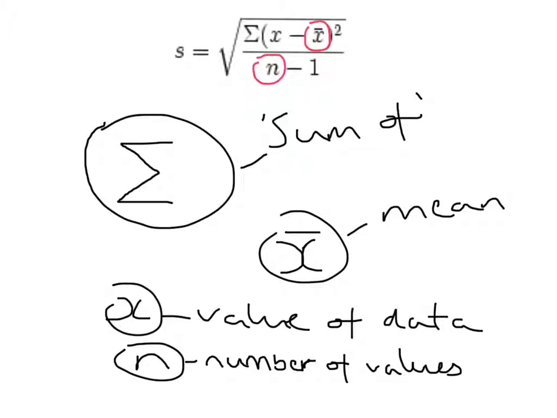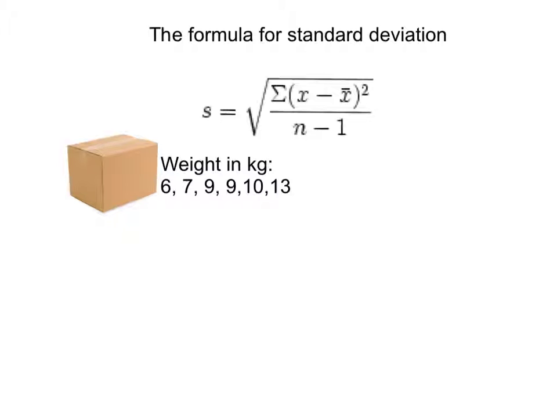This might all seem a lot to take in at once, so we're going to split it up and show you how to work your way through a standard deviation question. For this example we've gone back to our storage boxes and we're going to say we've got 6 boxes with these weights in kilograms.